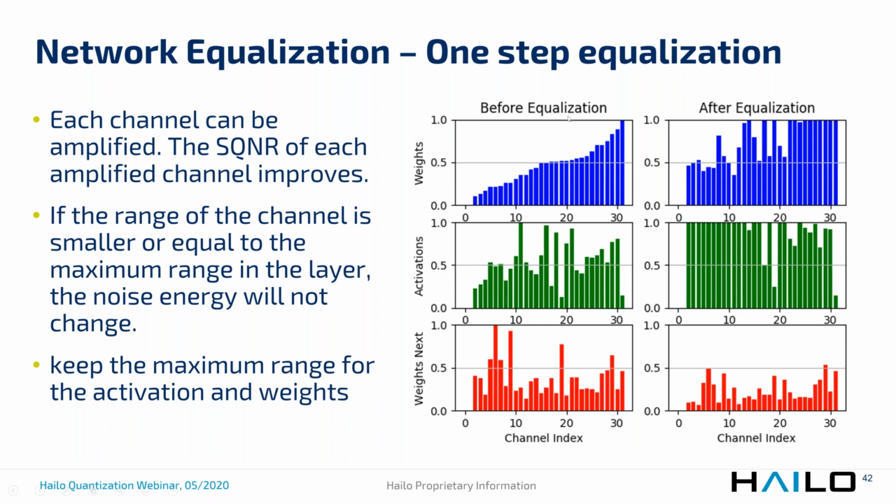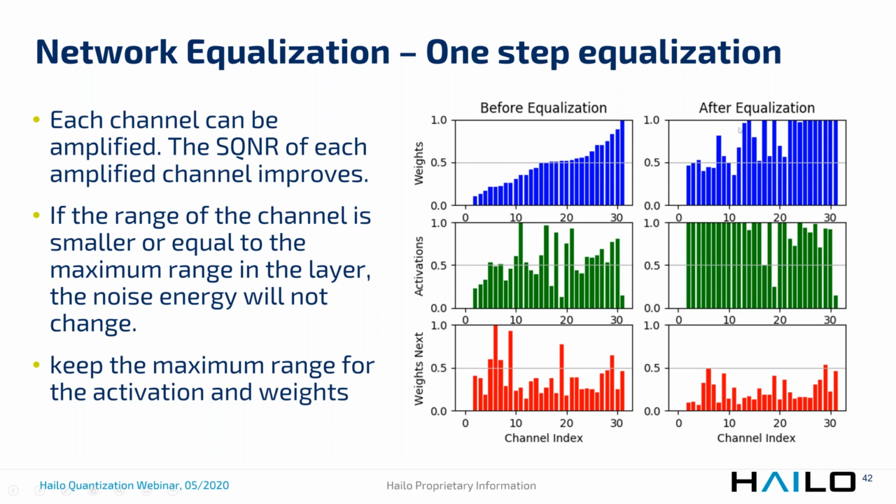And we can see here that before equalization, there's lots of variance in dynamic ranges. And after equalization, we see that there's significantly less variance. Most of the activation channels now have the same dynamic range. Some still suffer from a smaller dynamic range, but much less than before.